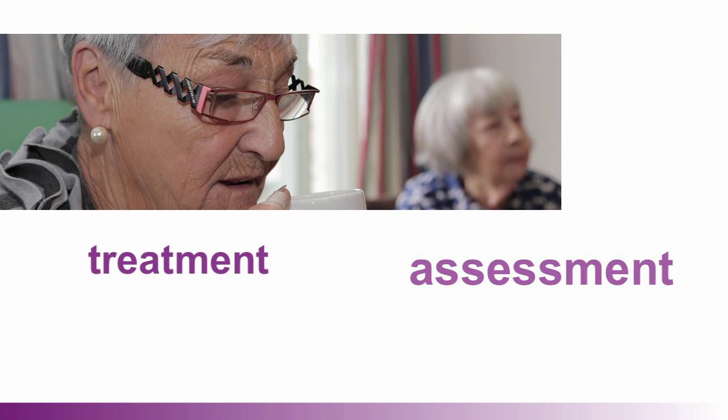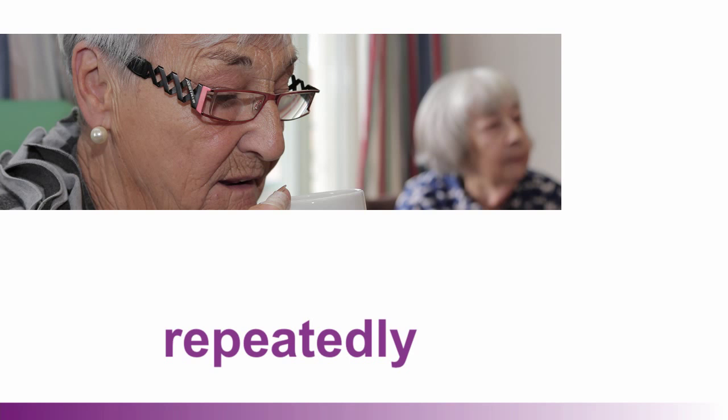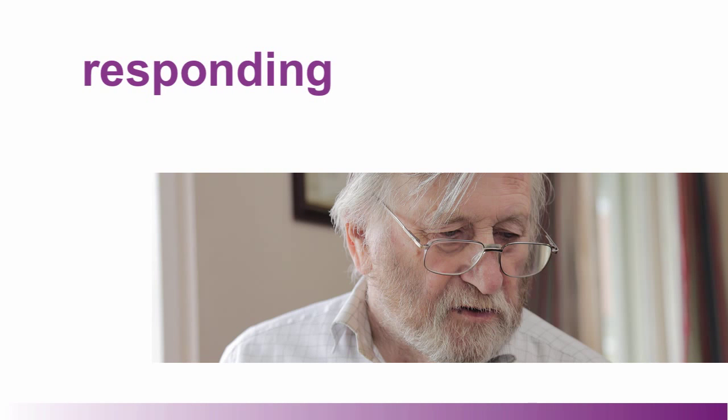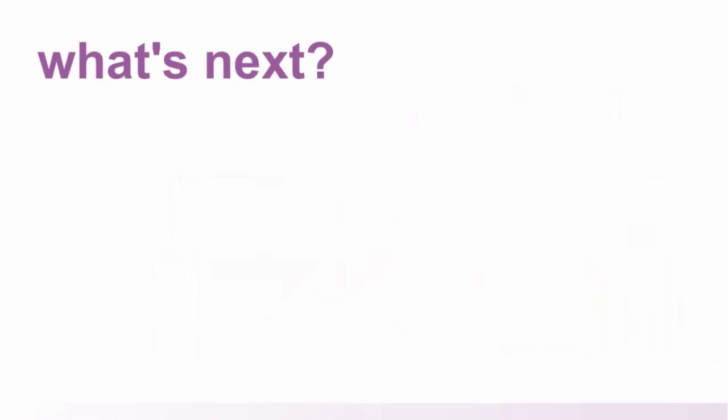People will be asked to perform this measure at assessment before treatment is started, and often repeatedly when treatments have been prescribed. This is to establish whether the person is responding well to care and treatment, or whether treatments need to be modified.